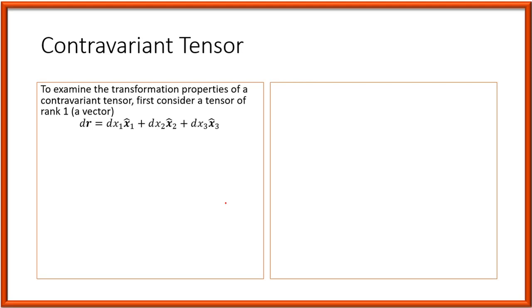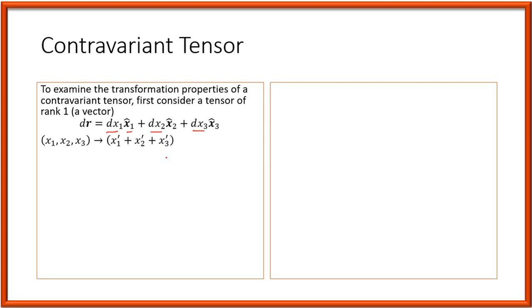Here dx1, dx2 and dx3 are the components of the displacement vector. Now let us see how these components vary when I change the reference axes x1, x2 and x3 to x1 dash, x2 dash, x3 dash.